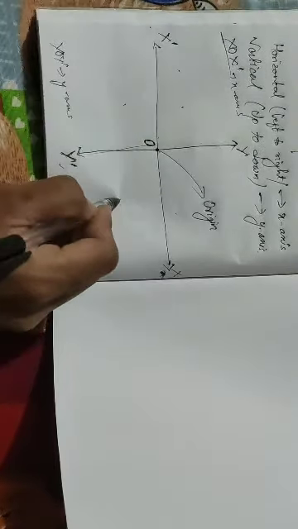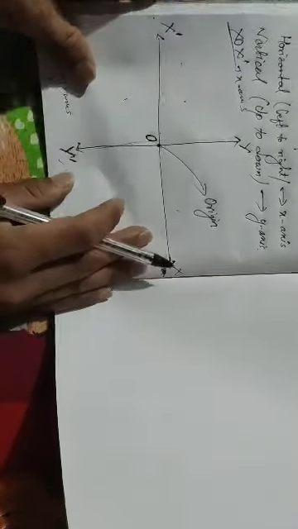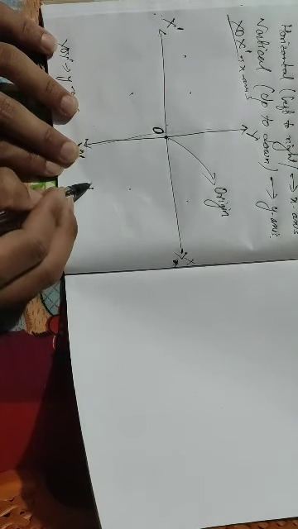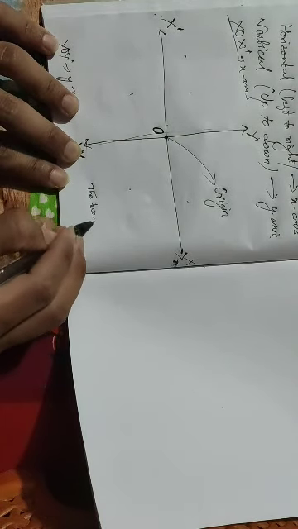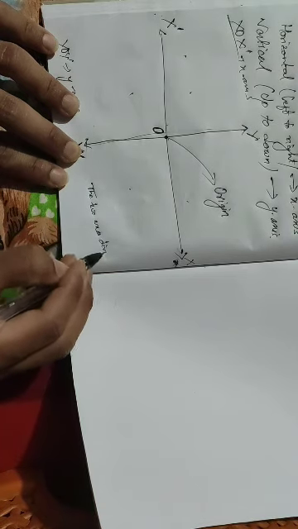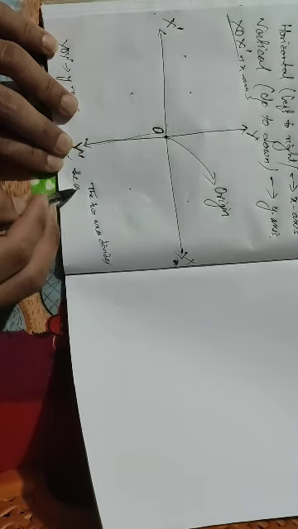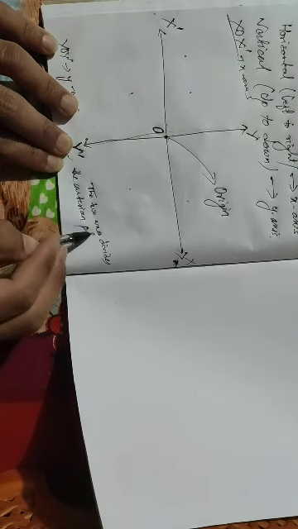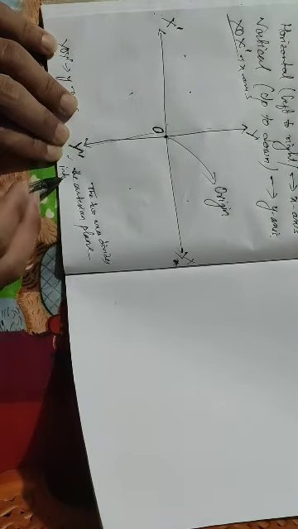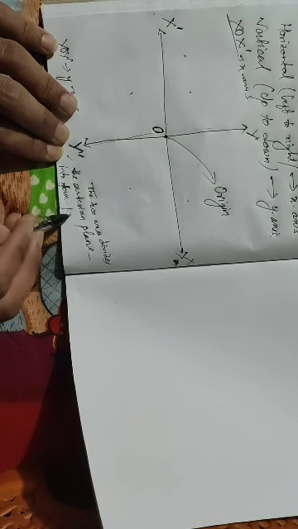As I made the two axes on the Cartesian plane, can you tell me into how many parts the Cartesian plane has been divided? I must say they have been divided into 4 parts, isn't it? Because we are drawing two lines, so first part, second, third, fourth. So the two axes divide the Cartesian plane into how many parts? 4 parts.